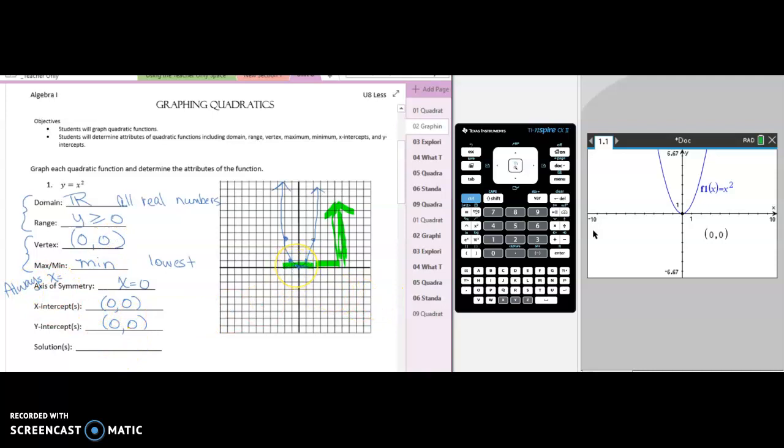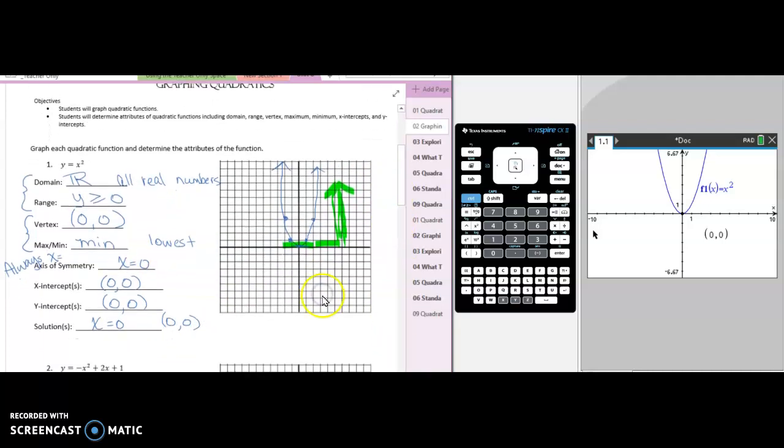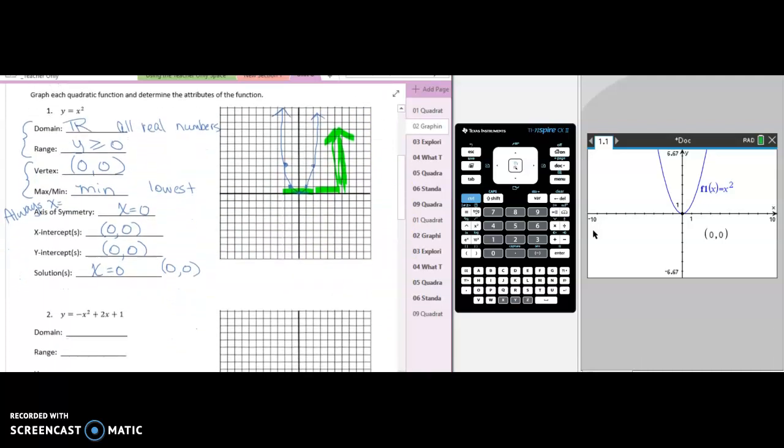It says solutions, with the S in parentheses, so that means it could be 1, or 2, or it could be none. This one absolutely only has 1 because it only touches the x-axis one time. So the solution is x equals 0, because it touches at 0, or you could show that as 0, 0. Okay, so that is the first problem. Let's do another one.